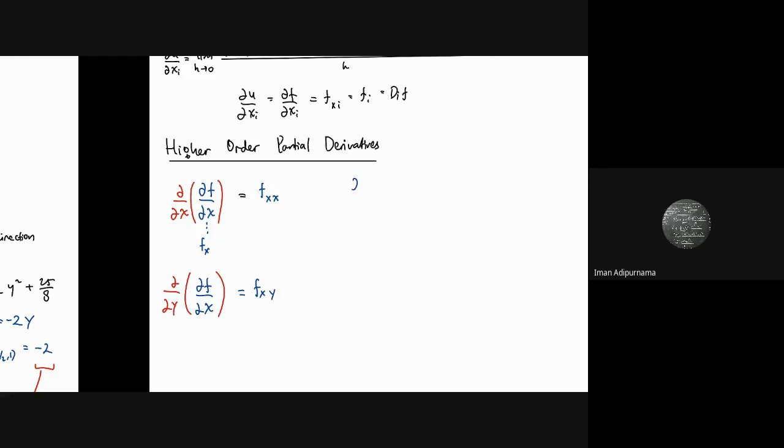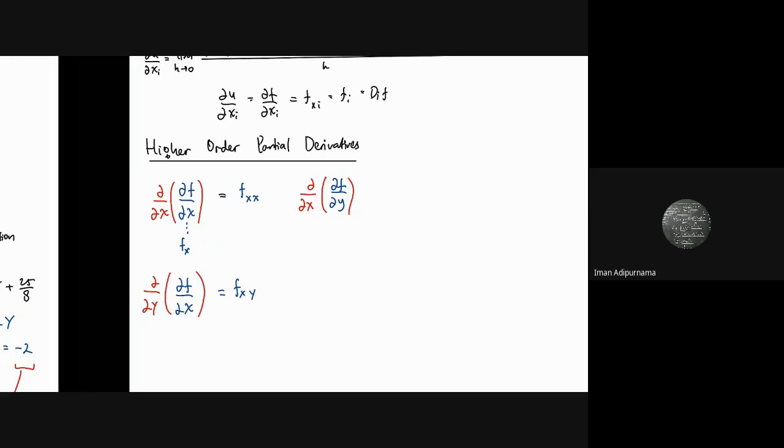So if we also have the partial y, and we differentiate with x, how we are going to write it is fyx. And if you have partial y and differentiate with respect to y, this will be fyy.